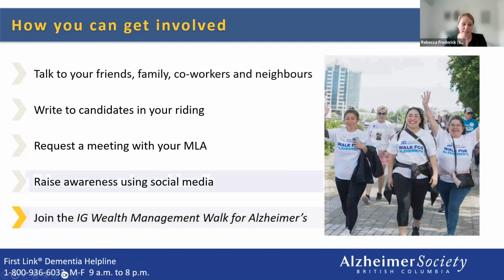And you can use social media to share your experiences. You can retweet the Alzheimer Society of B.C.'s posts on Facebook or LinkedIn, for example. You can also share your own issues or stories of impacts. We always encourage folks to use hashtags in those posts to help you increase your reach, and to tag the person who your post is directed at.